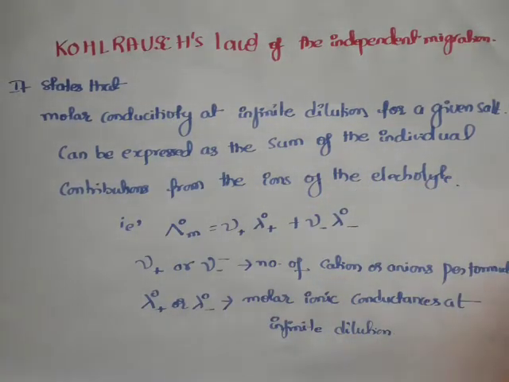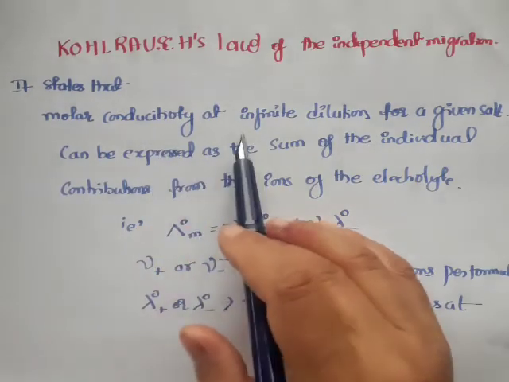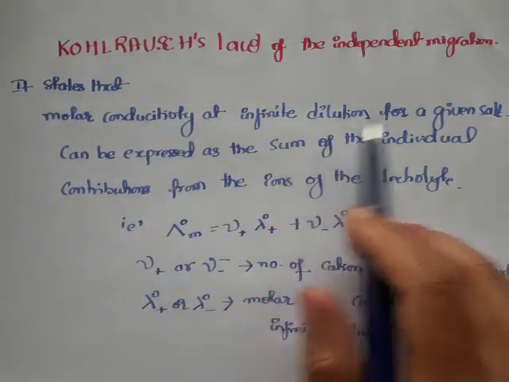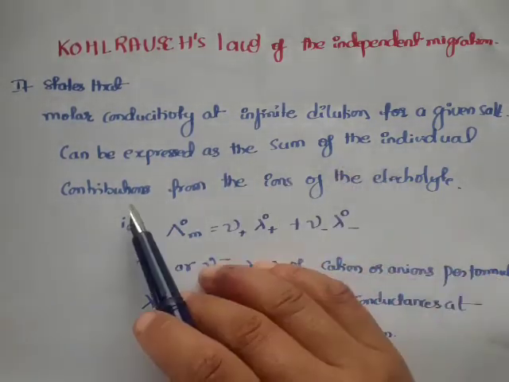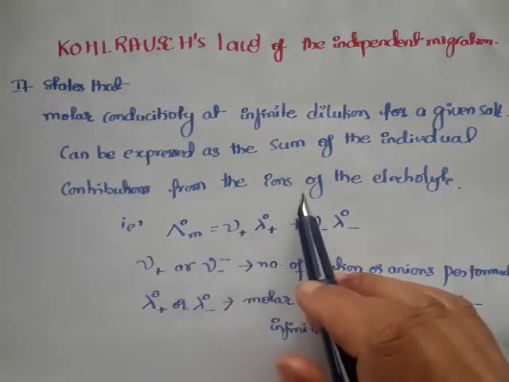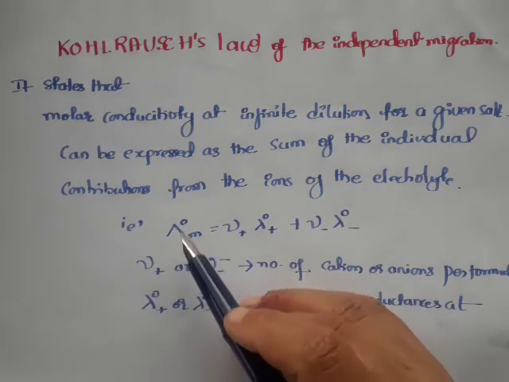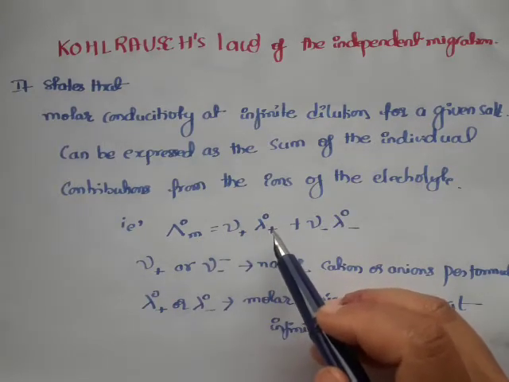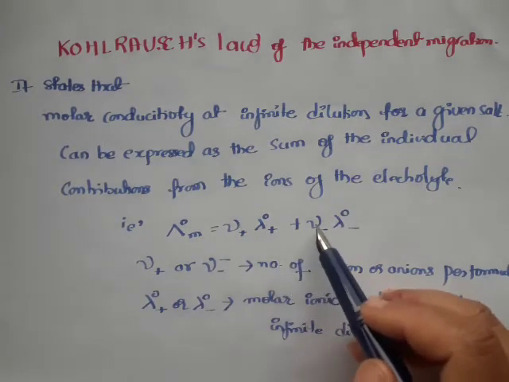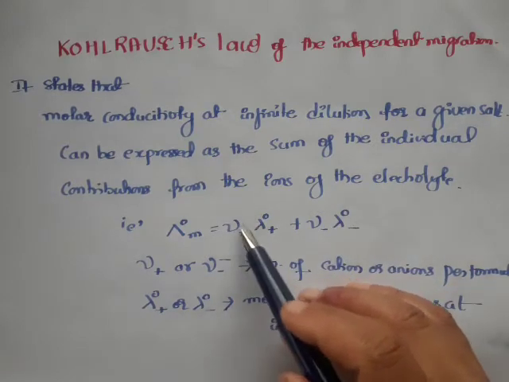In simple words, the molar conductivity at infinite dilution for any salt can be expressed as the sum of the individual contributions from the ions of the electrolyte. In mathematical terms, lambda naught m equals nu plus lambda naught plus, plus nu minus lambda naught minus.